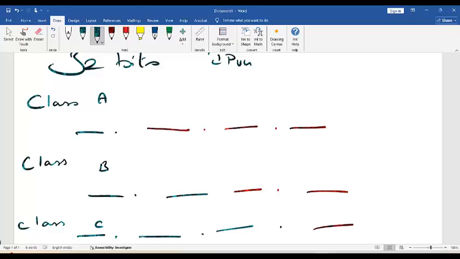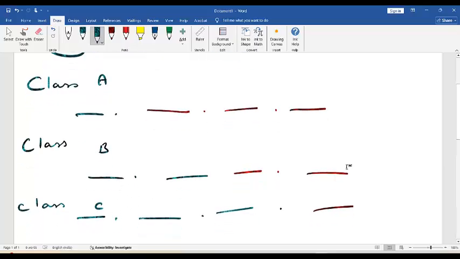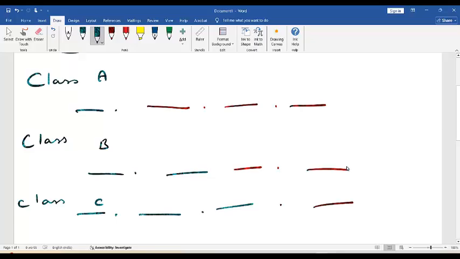Host means devices in the network, not the network portion. Network portion is the green lines. You see more red lines in Class A.